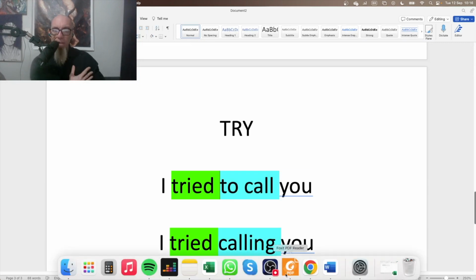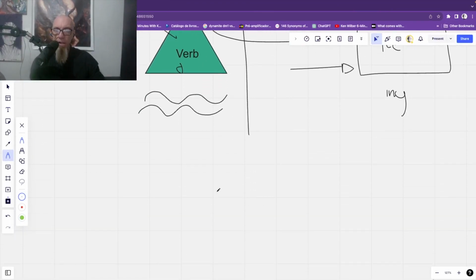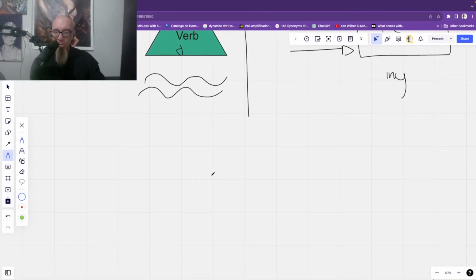So let's imagine that in both situations we have this action here as a circle, which is to pick up my phone and start a phone call, right? And then we have the outcome of that, which is to talk to you and to tell you what I have to tell you. With the infinitive, I'm unable to start the process for whatever reason.